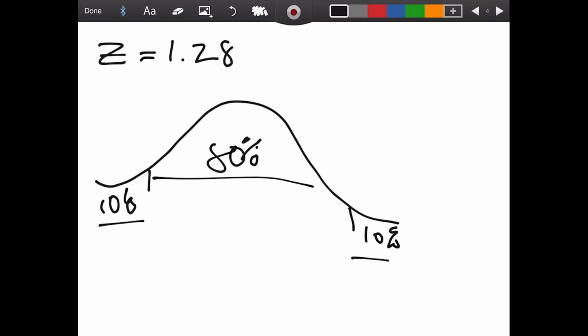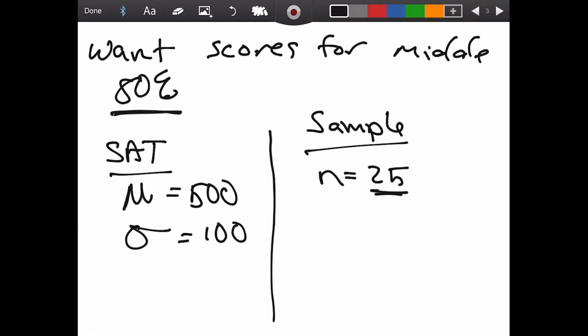All right, so now we've got our z-score. What do we need to do? Find the standard error. Find the standard error, exactly. All right, so we know we've got a standard deviation of 100.